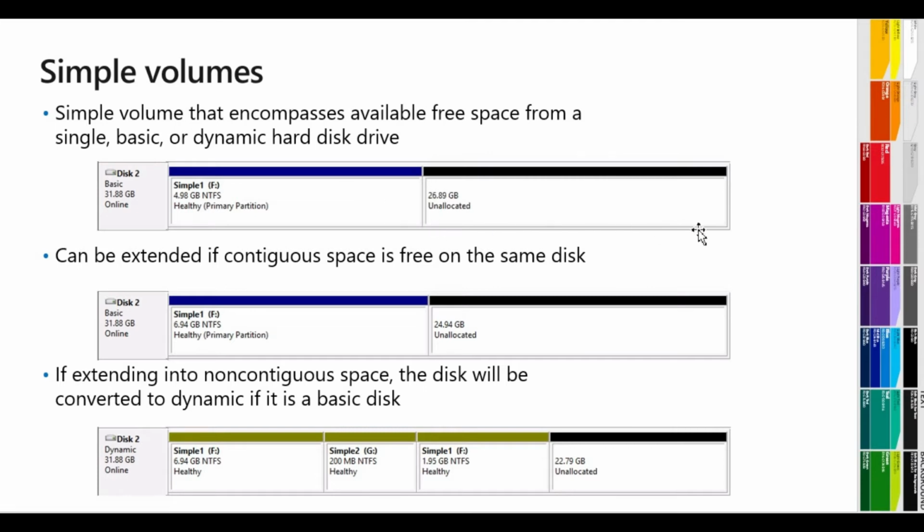And this is unallocated space. That means we haven't configured these partitions. Can be extended if contiguous space is free on the same disk. Contiguous means whatever is available and next to it, that is contiguous. Then you can extend these partitions.